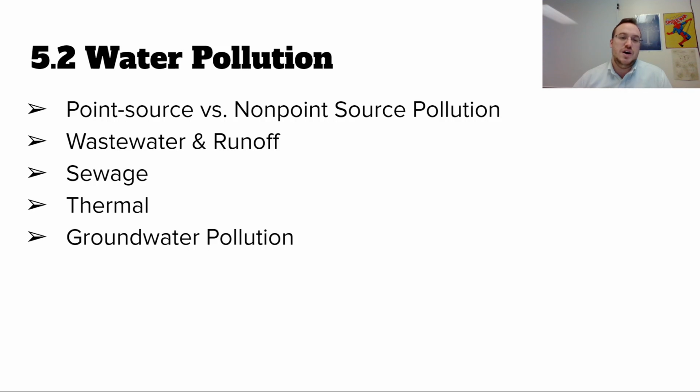Thermal pollutants are a little bit rarer, but it's when a body of water is negatively impacted by the dumping of something into it because it makes that water hotter or colder than it's supposed to be. So this is more of a secondary thing that happens when other pollution is happening. Sometimes it's okay to dump things into water sources. We have nuclear power plants that use water as a coolant. It's just a coolant. Nothing bad enters it.